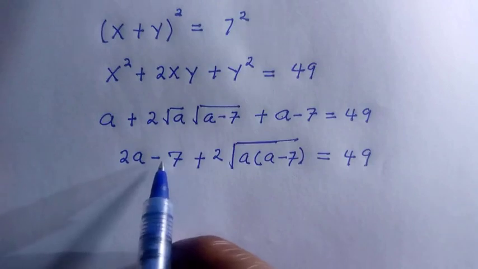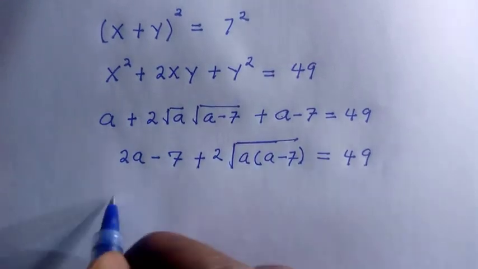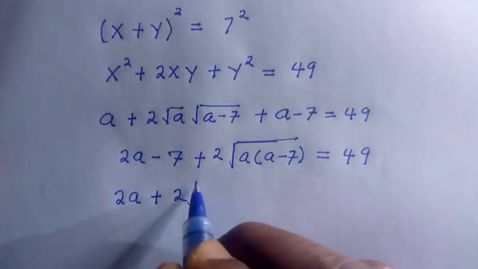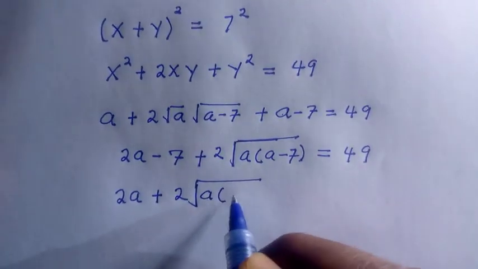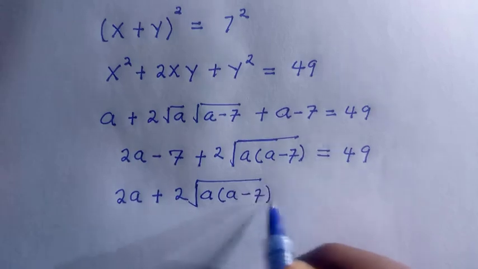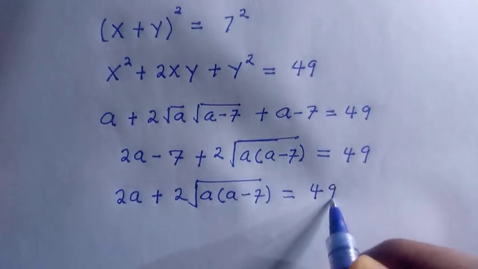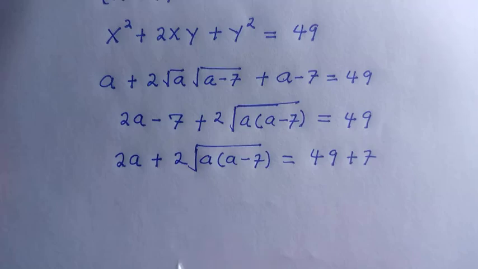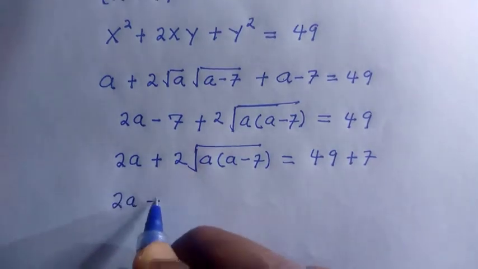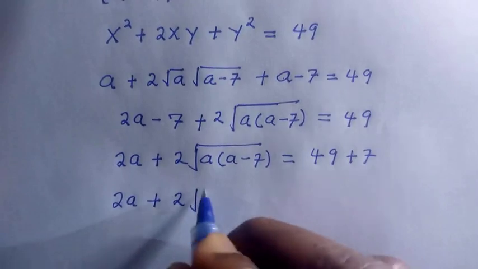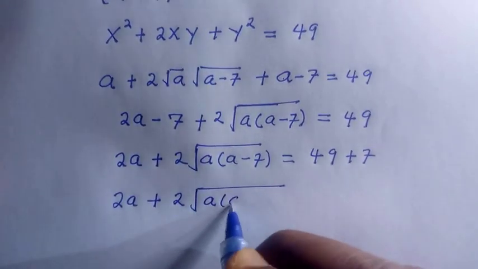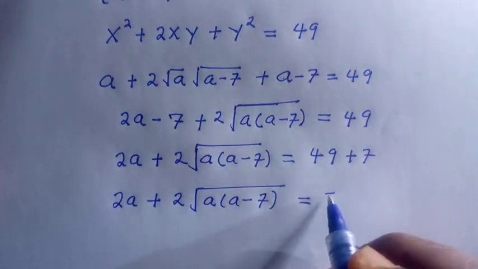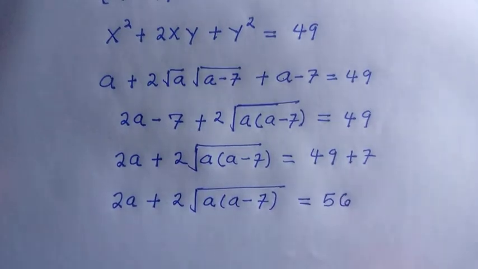And next, let's take 7 to the other side. So we have 2a plus 2 root a into bracket of a minus 7 equals 49, and when 7 comes here, it becomes plus 7. So we have 2a plus 2 root a into bracket of a minus 7 equals 56, from the addition of these.